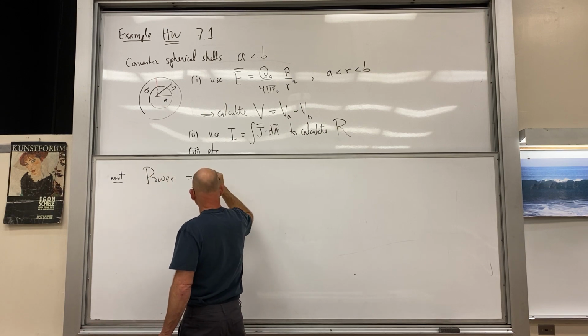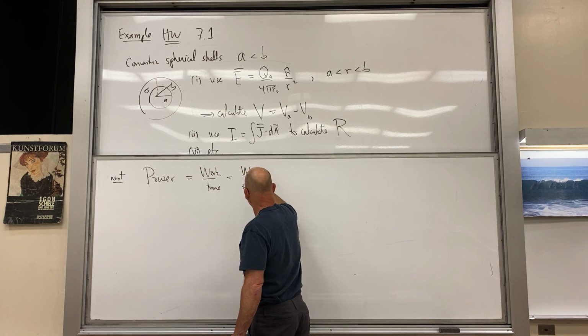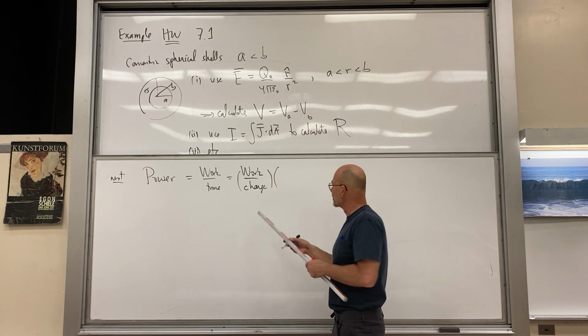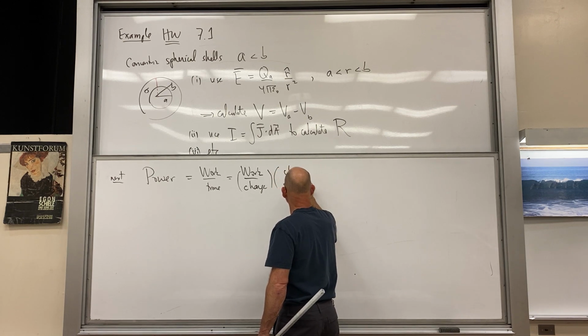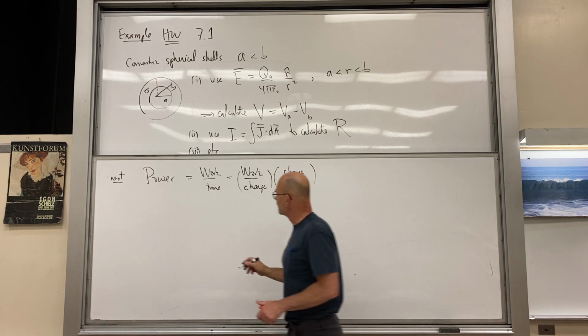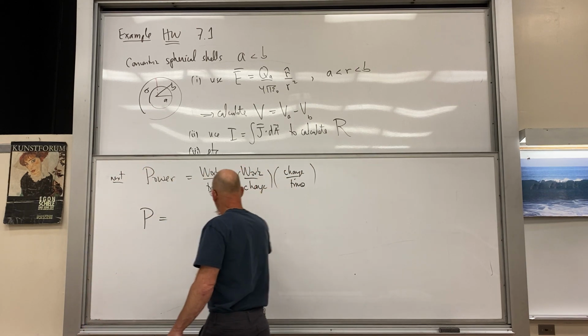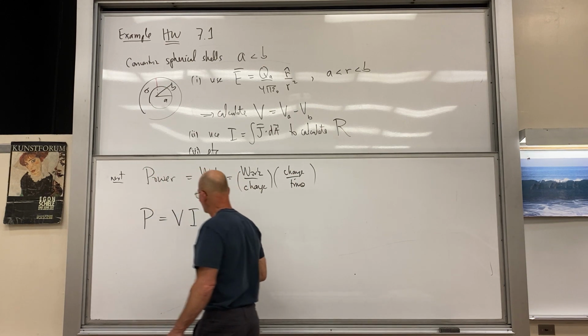We know we can say it's work over time. So that would be, using a chain rule type of thing, actually just a dimensional argument, work per charge, charge per time, which is nice because then we have power equals work per charge is V and charge per time is I.